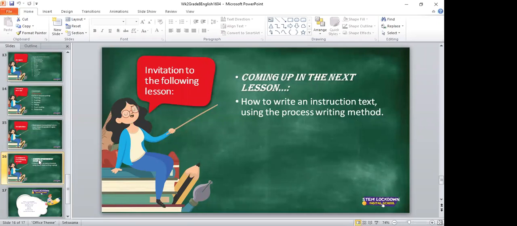I believe it will be more meaningful tomorrow when you get to understand how those steps are used.